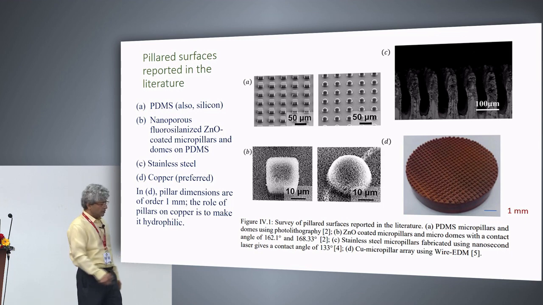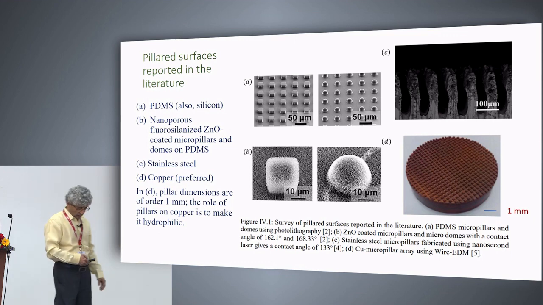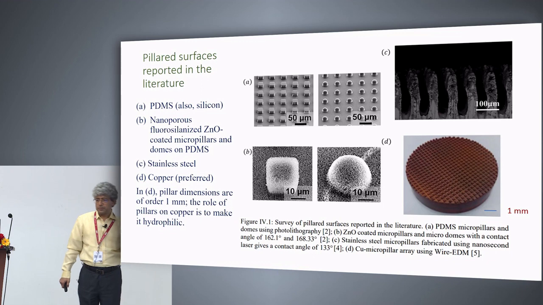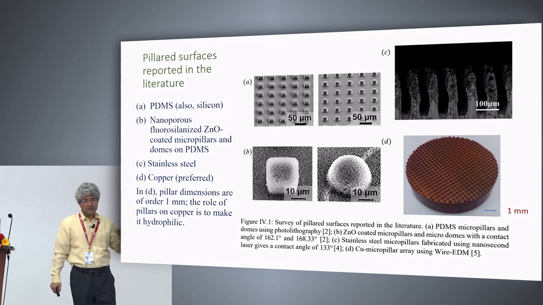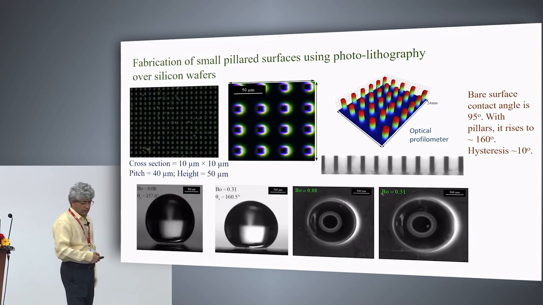You can see its height could be 200 to 600 microns, while on silicon you may get 20 to 50 microns. Of course, with pillars in the millimeter range, the surface will go from hydrophobic to hydrophilic and beyond.